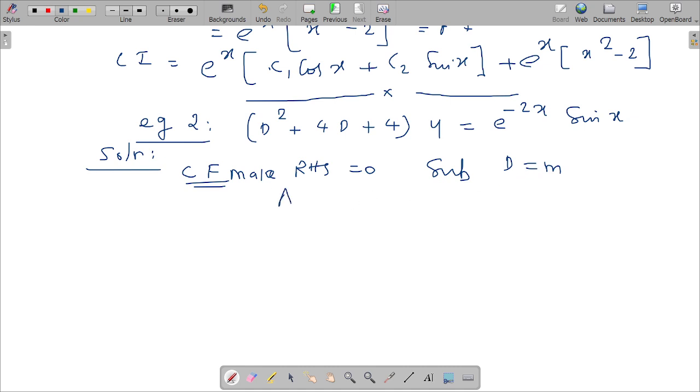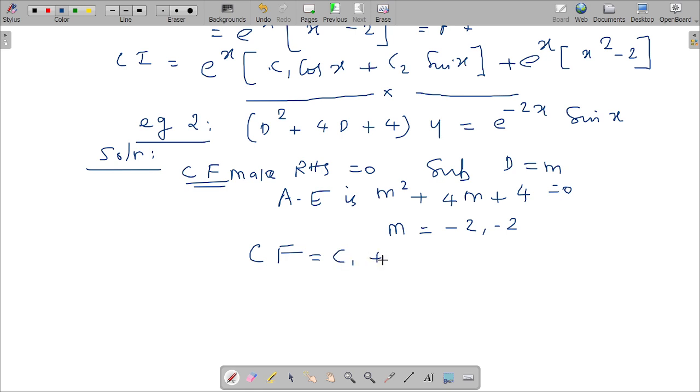Then the auxiliary equation is m square plus 4m plus 4 equal to 0. So m equal to minus 2, minus 2. The roots are real and repeated and equal. Therefore the complementary function is c1 plus c2x into e power minus 2x.